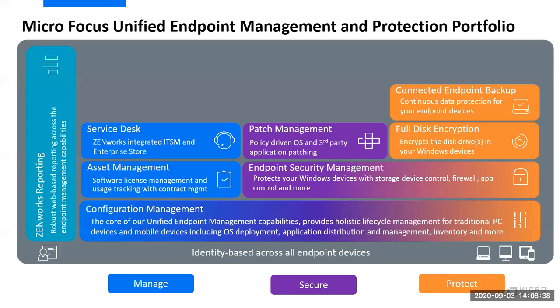Making sure you've got Connected Endpoint Backup running allows you to synchronize your data to the cloud, for example, or to your own data center, making sure you've got a constant backup of your machine. If anything happens, you can always go back in time to a certain point in time and say, I would like to restore all of that. That's obviously useful if your laptop gets stolen or broken, but also if you've got ransomware attacks, for example.